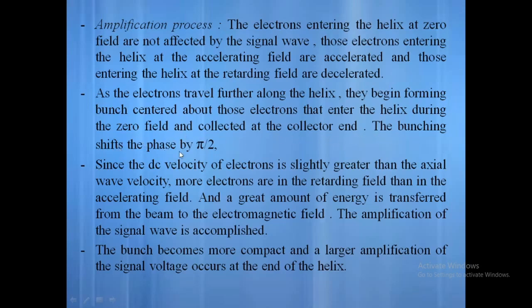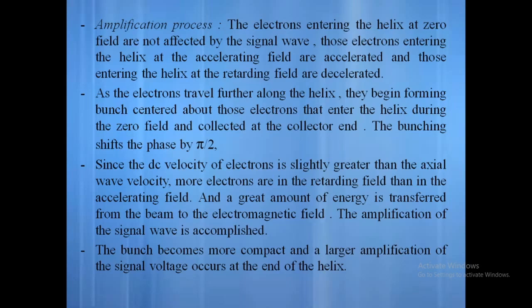The bunching will shift with a phase shift of pi by 2. Whenever the electron beam travels through the helix, there is a chance of an increase in electric field from the helix start to the helix end, up to the peak. Whenever energy is transferred from the electron beam to the helical structure, there is an increase in electric field.